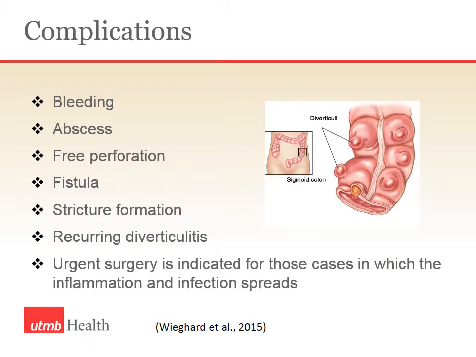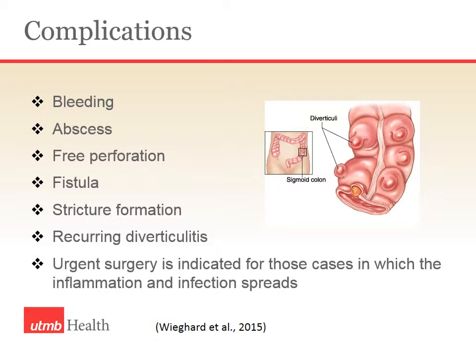Complications that can happen: bleeding, abscess, free perforation, a fistula, stricture formation, and reoccurring diverticulitis. So all kinds of things that put you at greater risk for morbidity, a greater length of stay in the hospital, and malnutrition, and just more complications, and you're more at risk for needing surgical intervention to remove these polyps to prevent further complications.